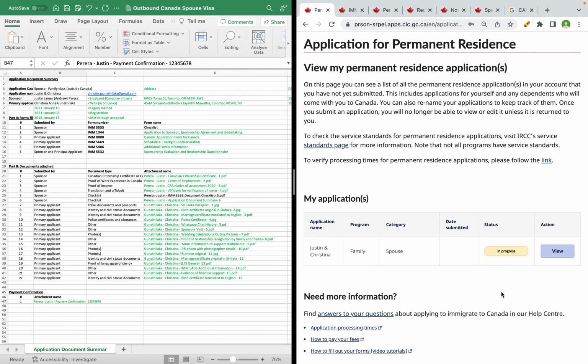Also what will be the timeline in terms of getting a response, what type of documents you will get that show the progress of your application, and what activities you will have to do as a result of submitting this application. So stay tuned for my next video.